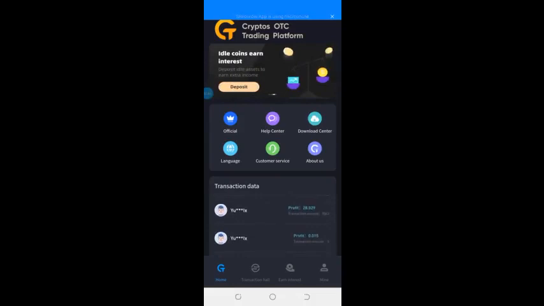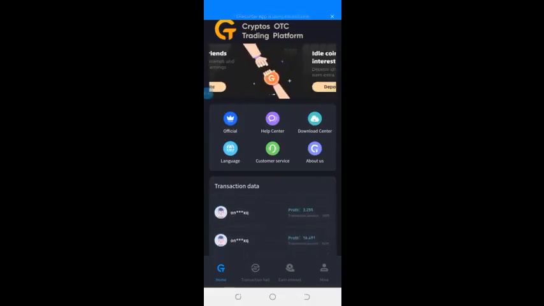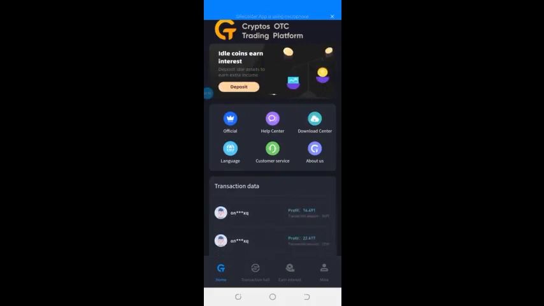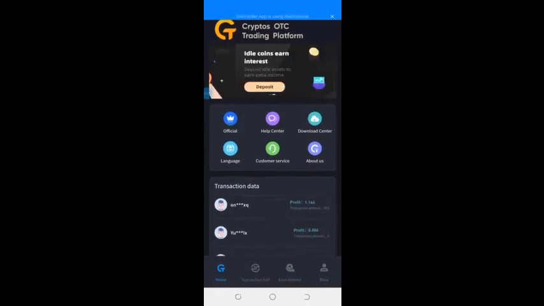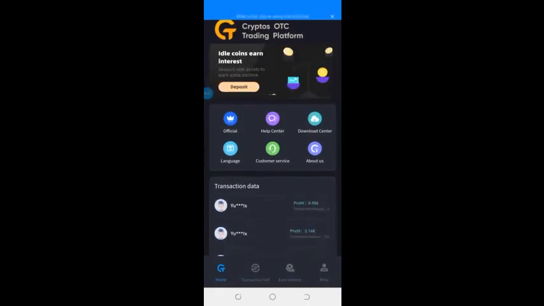All right, you may say you have no prior knowledge about cryptocurrency, but it's not necessary, because this is automated. It is based on artificial intelligence. This platform is AI embedded, so it does the transaction on your behalf.